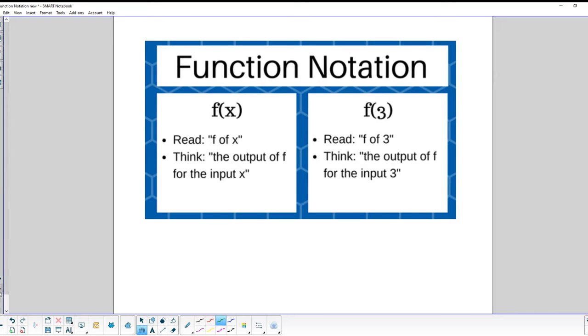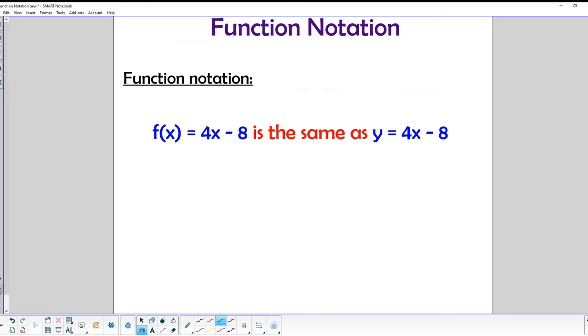That still may sound kind of confusing to some, so let's see what we're talking about. What we're saying is that if I write the equation f of x equals 4x minus 8, that's the same thing as writing it as y equals 4x minus 8. But there is a reason why we want you to start writing it with that f parentheses x in it in place of y.